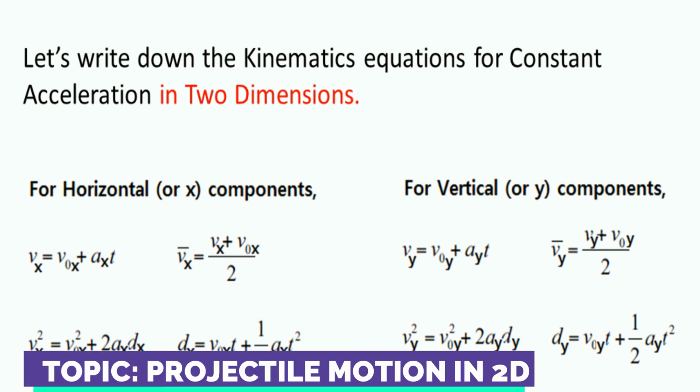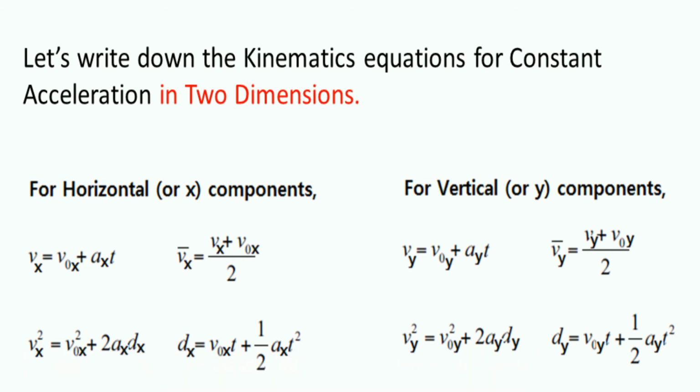Now let's write down the kinematic equations for a constant acceleration in 2 dimensions also. In 2 dimensions, for the horizontal component, we can have Vx is equal to Vix plus axt.